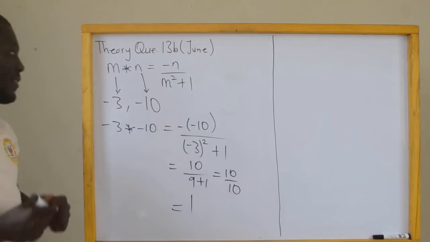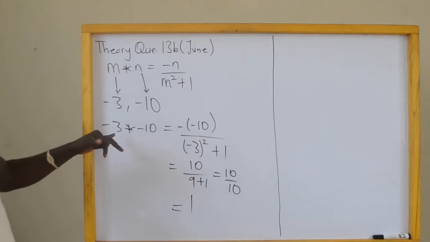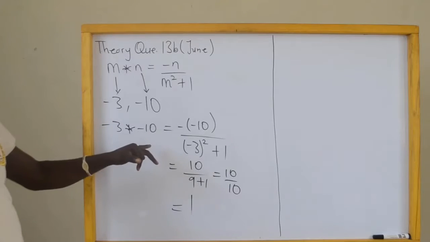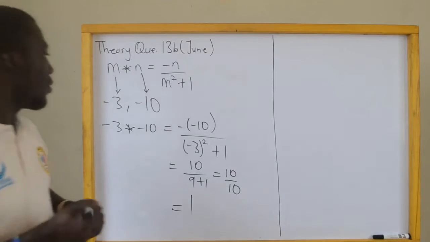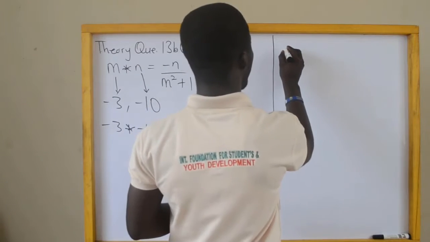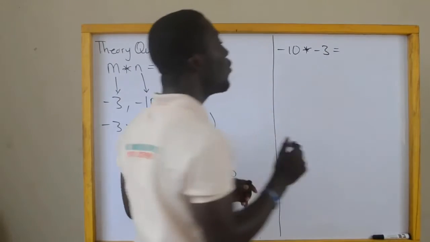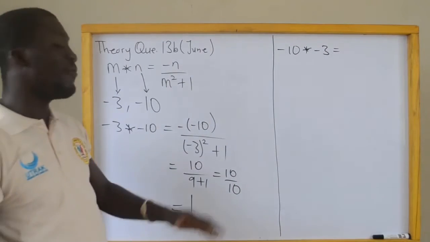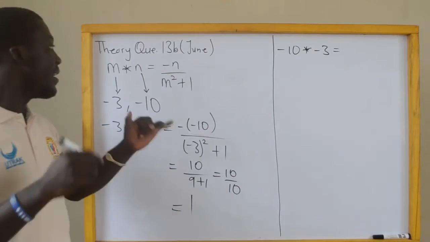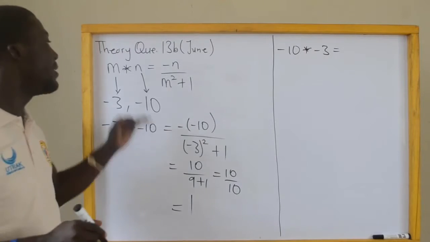Now for commutativity, negative 3 star negative 10 should also be equal to negative 10 star negative 3. If we do this and we are not getting 1, it means the operation is not commutative.